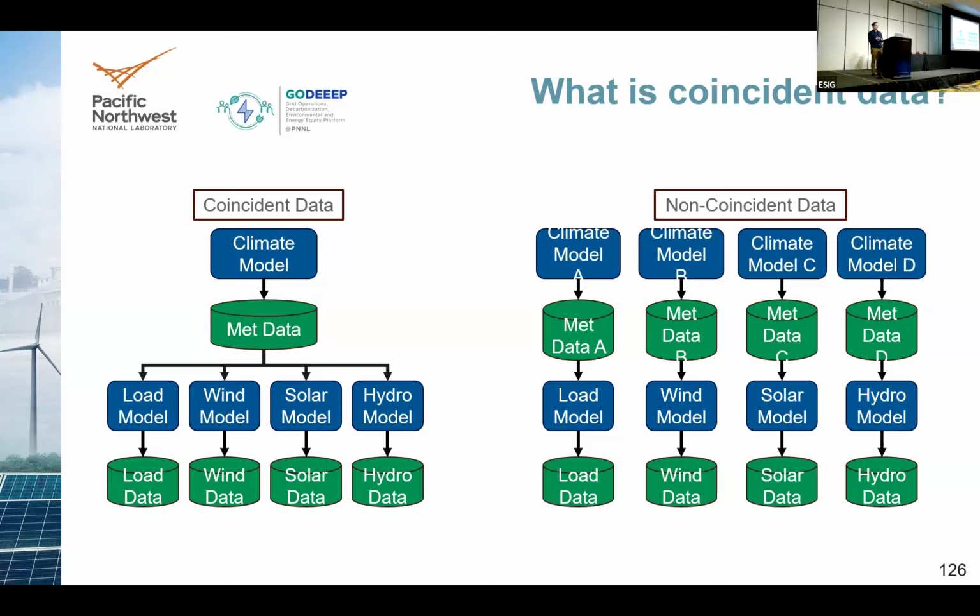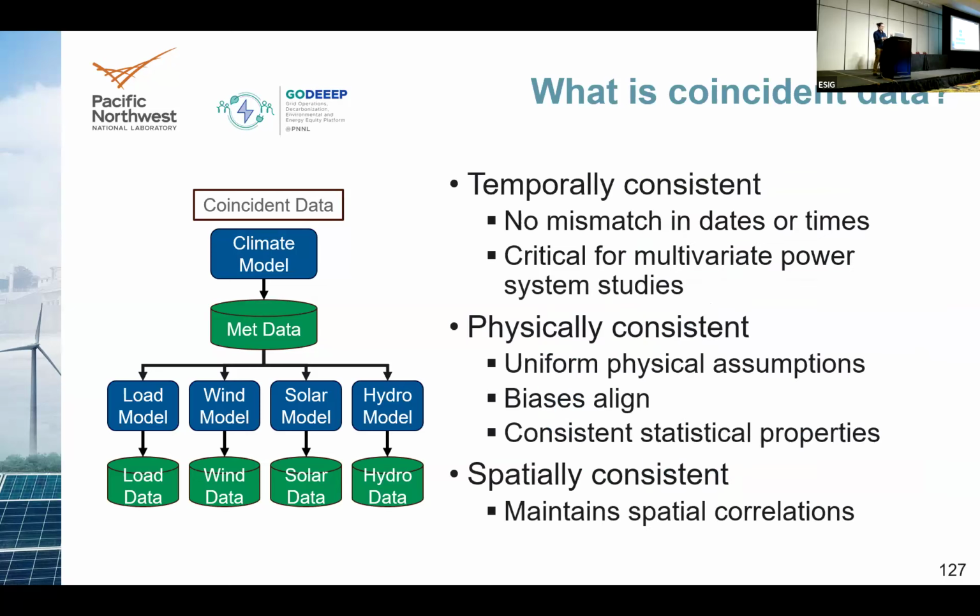As opposed to non-coincident data, in which you might derive each of these different data sets from different climate models or different observational data sets, which have their own biases, or maybe some other sort of machine learned product. But the key is that when you have non-coincident data, you may miss a lot of things, such as temporal consistency.